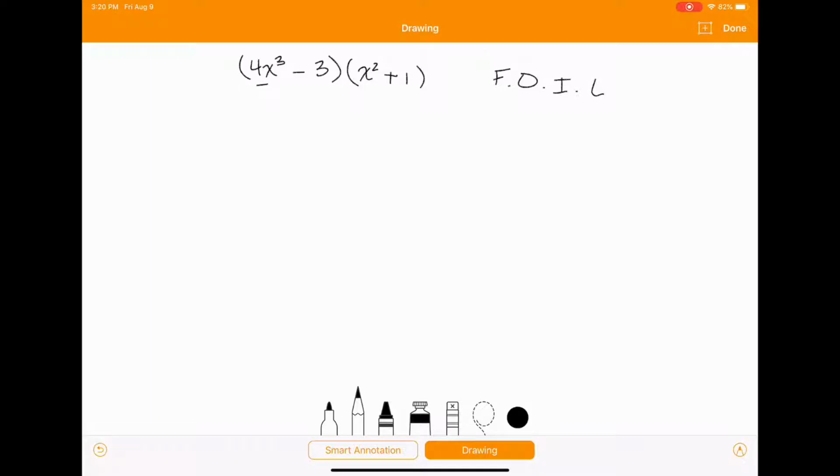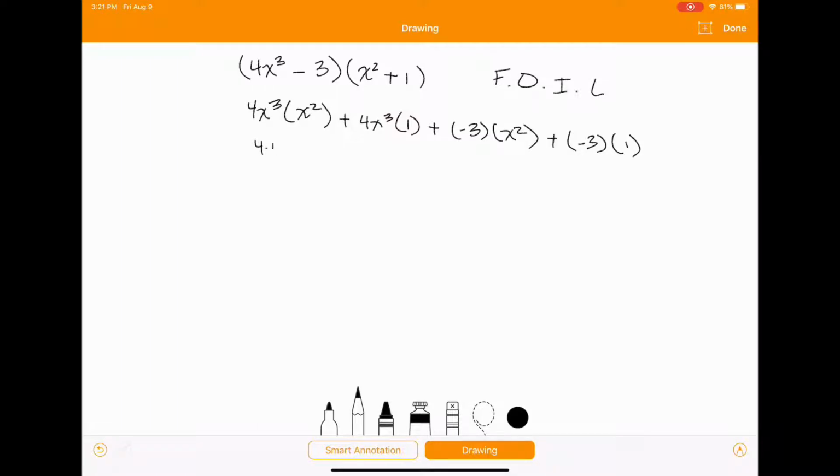So we're going to do our first terms. So 4x cubed times x squared plus our outside terms, 4x cubed times 1, plus our inside terms, so negative 3 times x squared, plus our last terms, so negative 3 times 1.